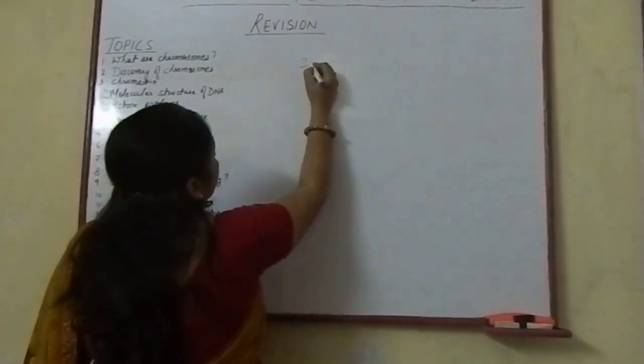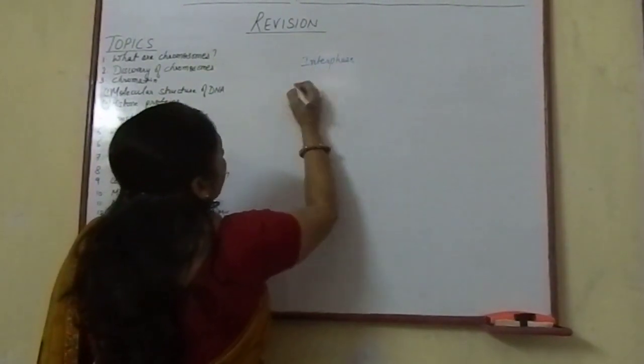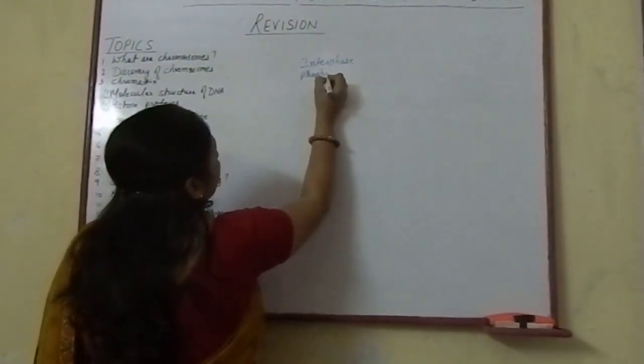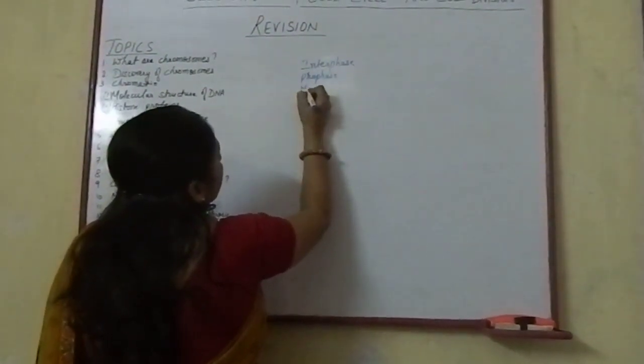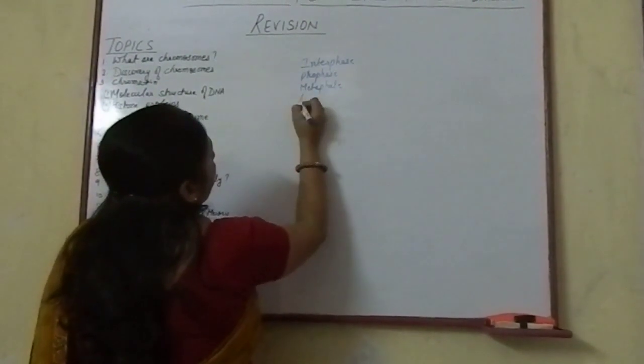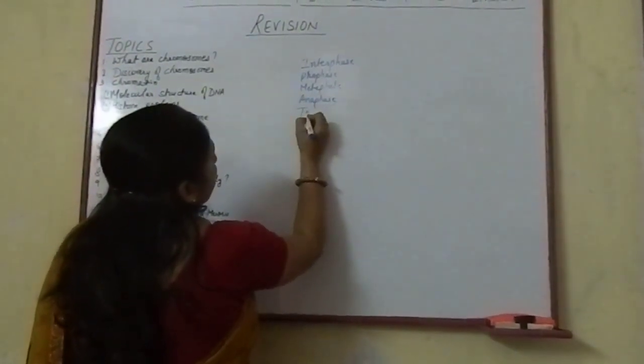It is interphase, and then the four stages, which are prophase, metaphase, anaphase and telophase.